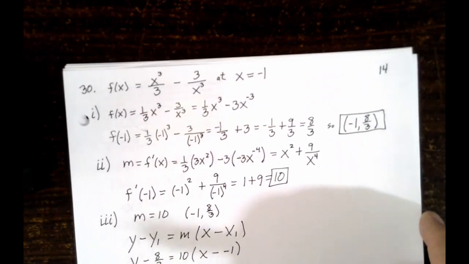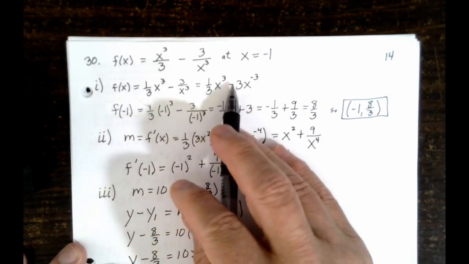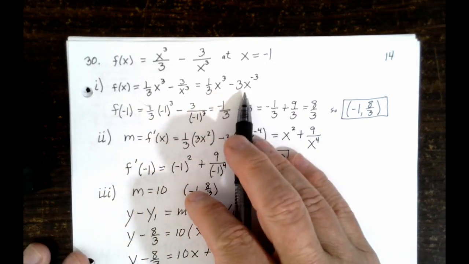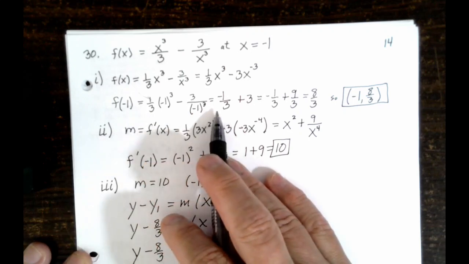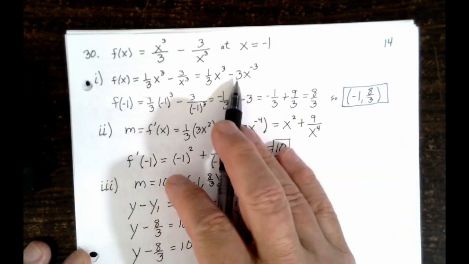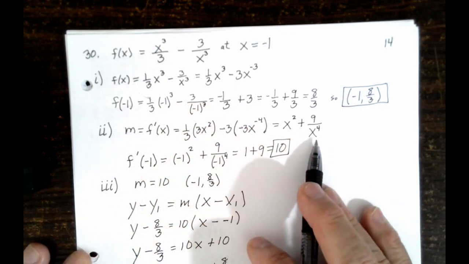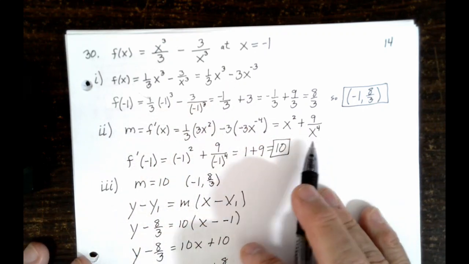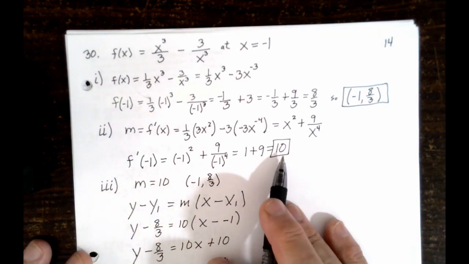Same idea with question 30. You want to rewrite this so that it's easier to take the derivative, but you plug in minus 1 into the function and you get 8/3, so there's your 1 point. But now when you take the derivative, you get x squared plus 9 over x to the 4th. There's your derivative. Plug in your x value for that and you get your slope at that point.